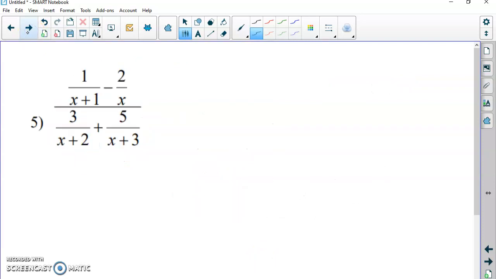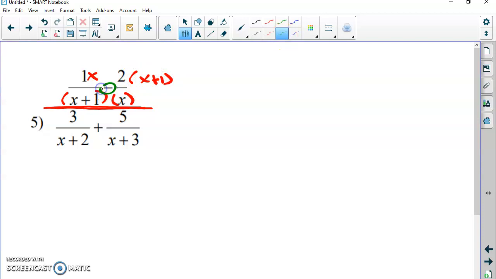Method number 2 from number 5. What you do is you treat your numerator and denominator as two separate problems, as if they're back at section 6.2. So we have to find a least common denominator for x plus 1 and x. So that is going to be x and x plus 1. So our first fraction here needs an x. The second fraction needs an x plus 1.